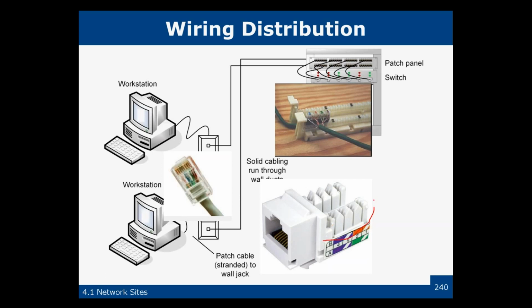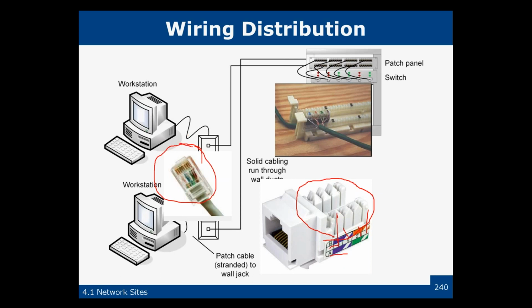It's got a mini punch down, and they usually come with a little punch down tool that you punch the wire in with, based on the color code on the side of it, depending on whether you want the A standard or the B standard, A to A, B to B, straight through or crossover. This is what the end of the wire is going to look like, and I got this one because it shows the different colors. I don't know if it's right or not. I can't really tell by the colors. It kind of looks like it is.